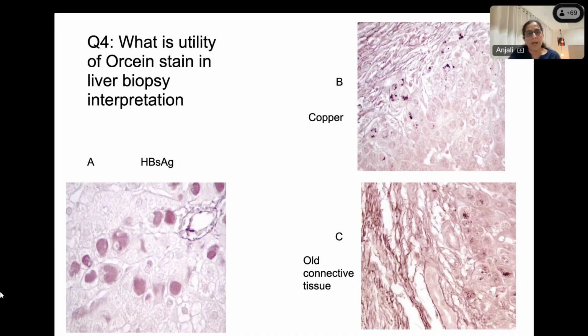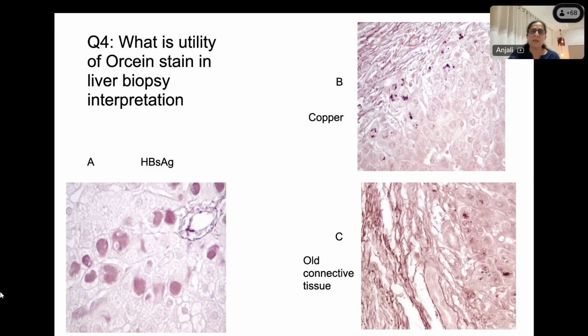Now this is copper. As against this is completely different picture. Here you can see granularity. This is more of a fine granularity around nucleus, while you can see here, these are coarse granules which are present within hepatocytes in the periportal area. And C is old connective tissue. This Orsin also stains old connective tissue.